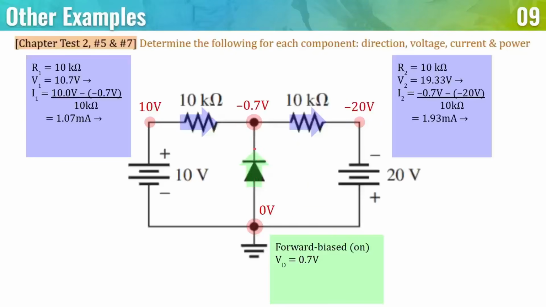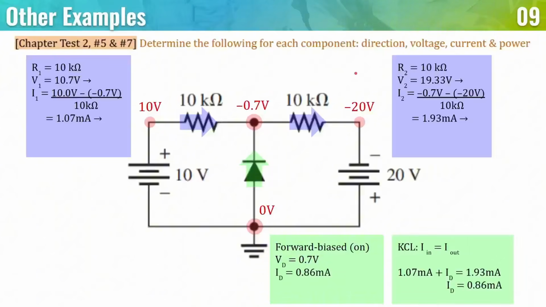Similarly to what we did earlier, this diode does not have a resistance we can use to calculate its current. However, we can calculate using nodal analysis. So we know that I1 going in plus ID going in is equal to the current going out, or I2.